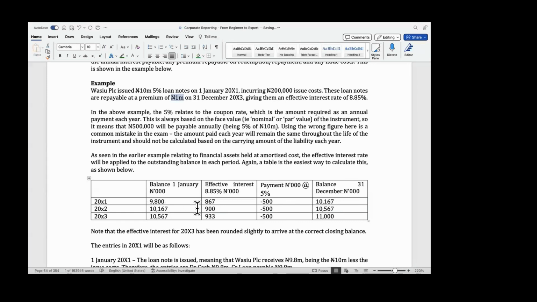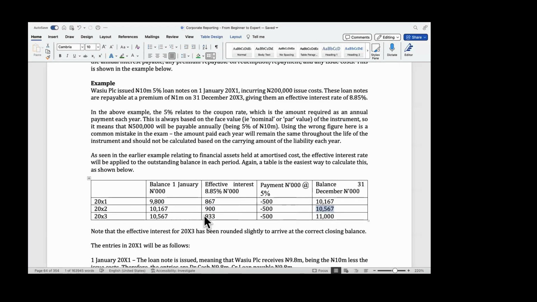What is important here for us is that in year 1, the interest of 867 goes to P&L, while the closing balance would be in my non-current liabilities. In year 2, this 900 would be my finance cost. Then this balance would be a current liability, as it is due within 1 year, which is next year.